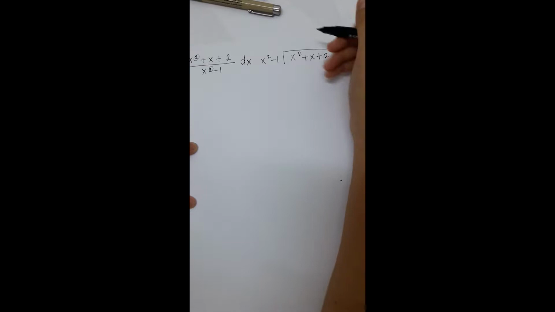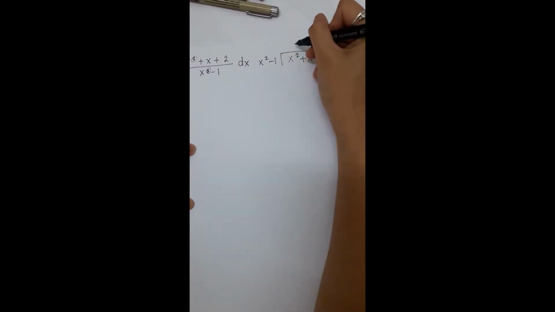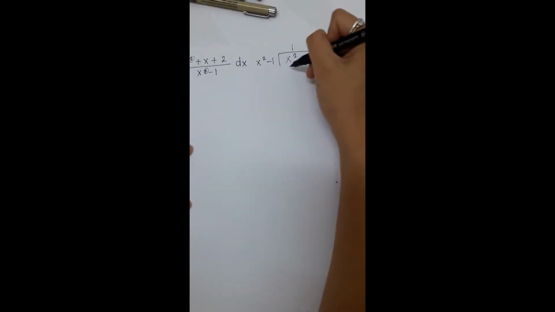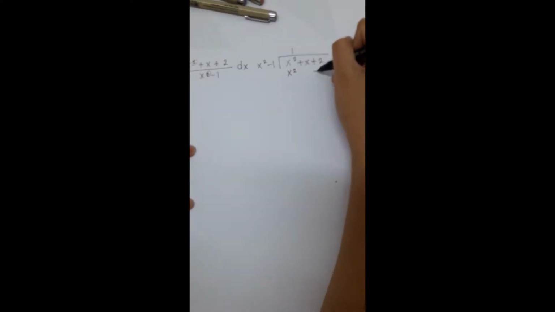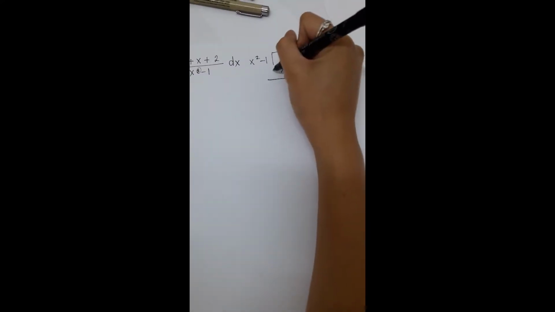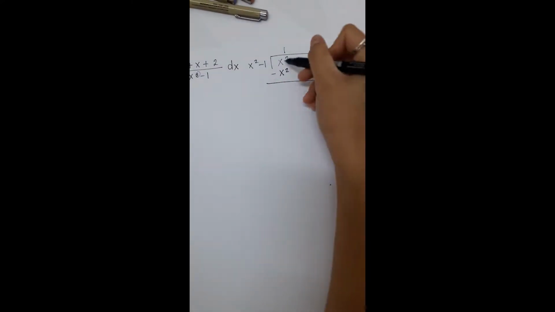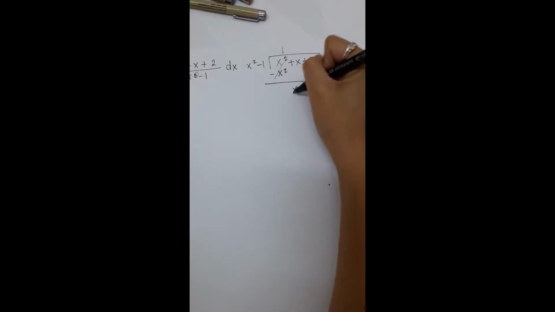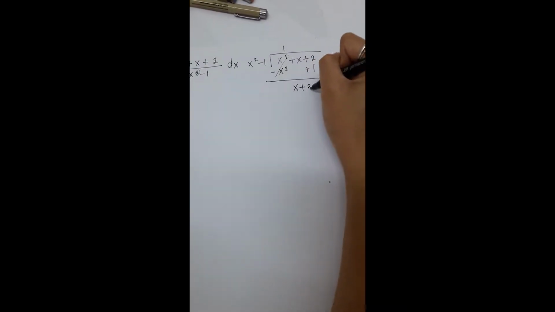So let's divide. x squared divided by x squared is 1. 1 times x squared is x squared. 1 times negative 1 will be negative 1. And then changing the signs, it will be negative, this one will be positive. So our remainder is x plus 3.